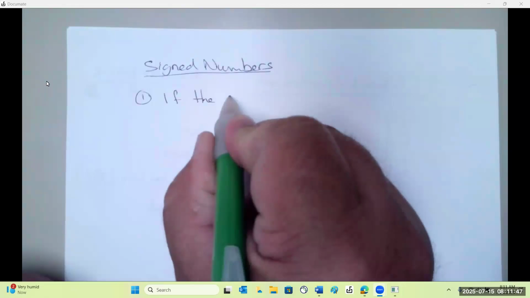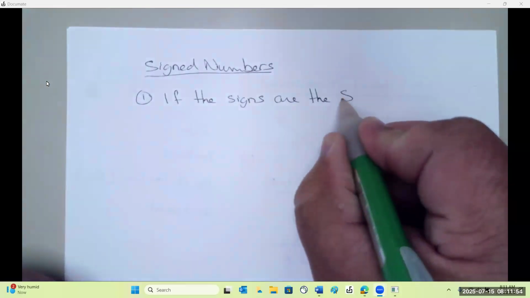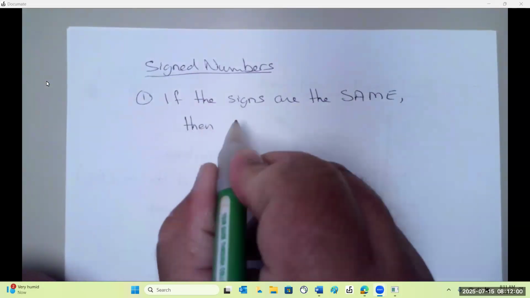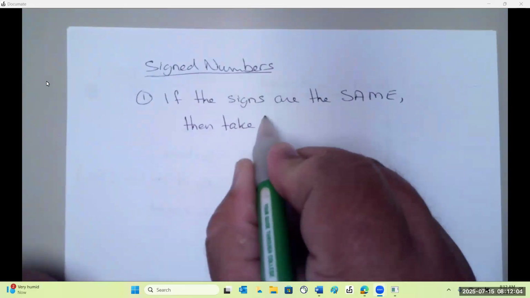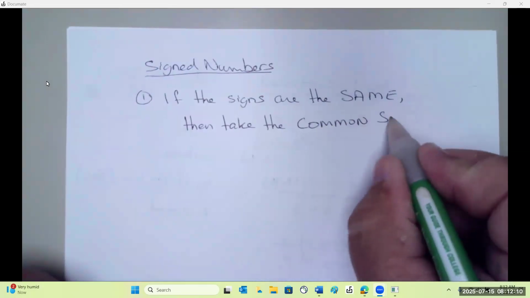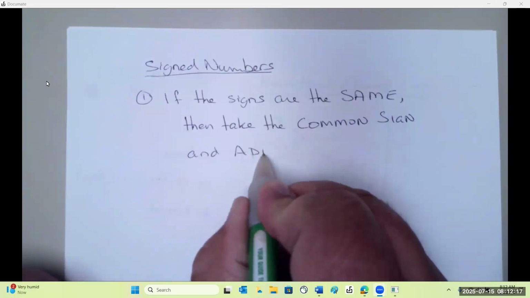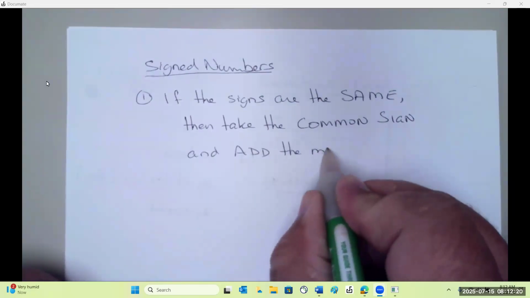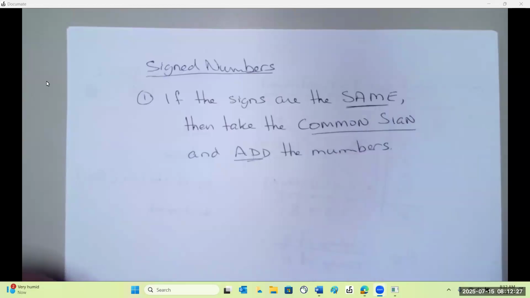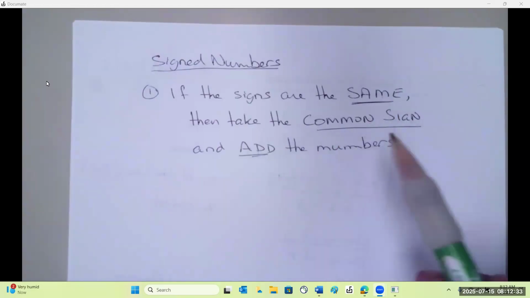If the signs are the same, then take the common sign and add the numbers. The signs are the same, take the common sign, add the numbers.